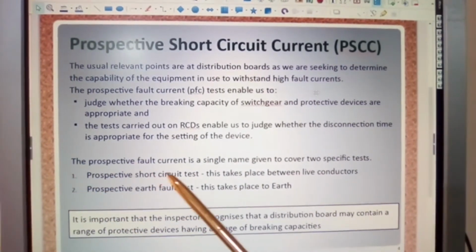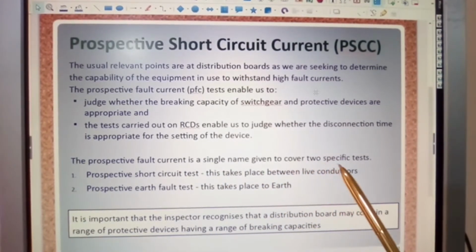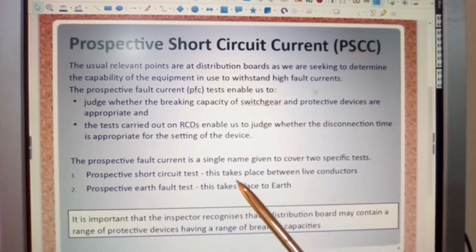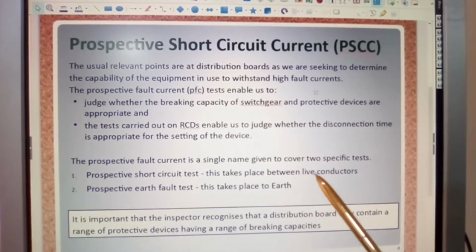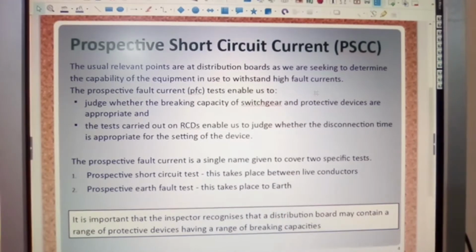The prospective fault current is a single name given to cover two specific tests. Prospective short circuit test. This takes place between live conductors. Prospective earth fault test. This takes place to earth. Okay.